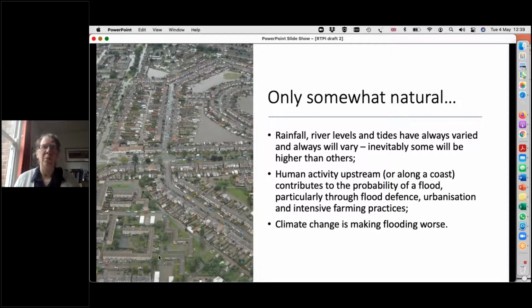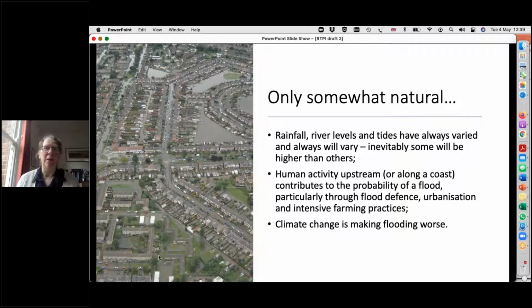Human activity upstream from a flooded location or further along a coast from a coastal location contributes to the probability of flooding. If you protect one place through flood defences, you kind of push the flood along or down to somewhere else.